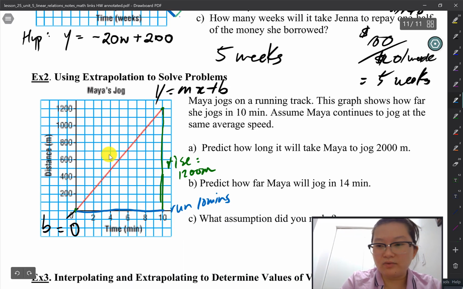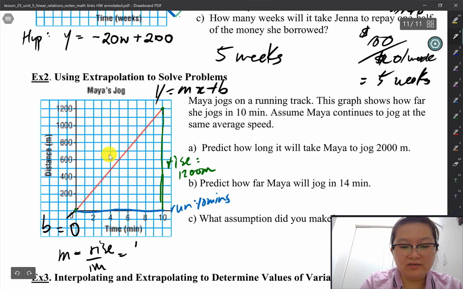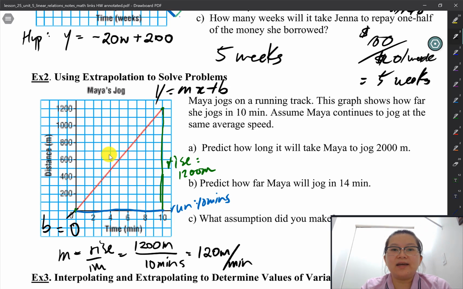So when we figure out the slope, which is rise over run, we have 1,200 meters divided by 10 minutes, giving us 120 meters per minute. And just like the last video, it's like finding out how much she can run after 1 minute.